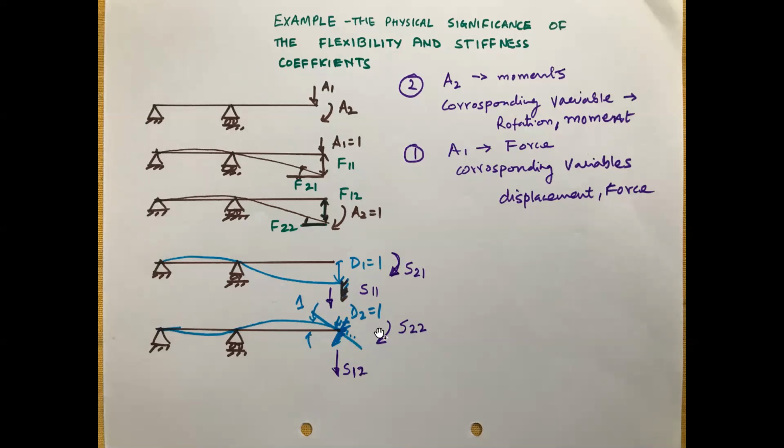And 2 signifies where I have applied unit displacement or rotation. Which quantity? So second quantity is related with rotation, so S12. And this is the moment, S22 is caused, it is the rotation because of the unit rotation applied at second quantity, which I am naming A2 is equal to moments.